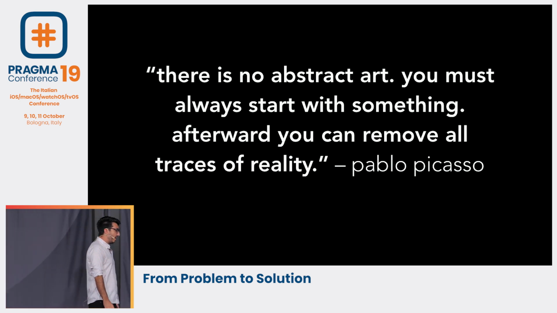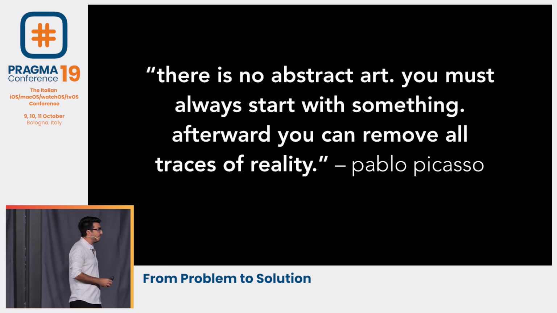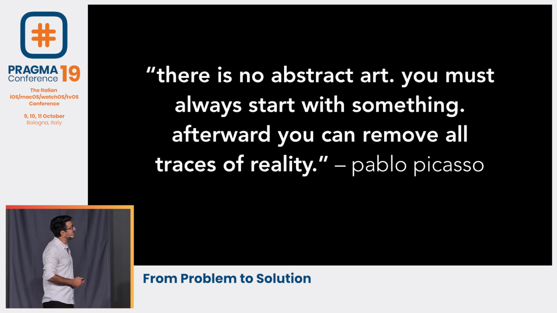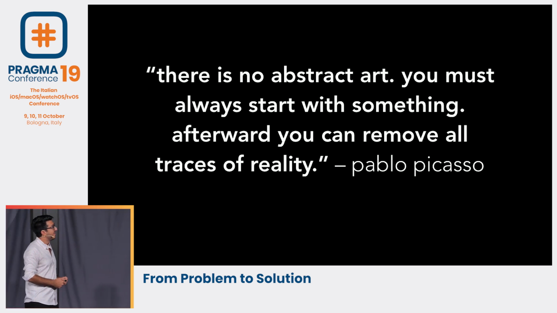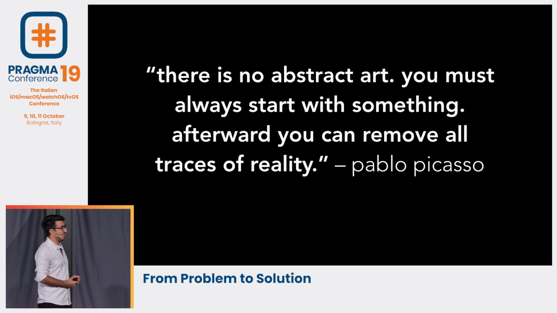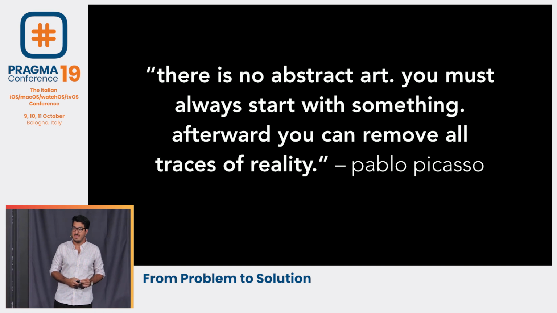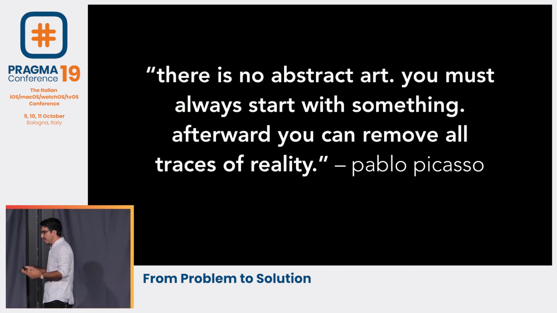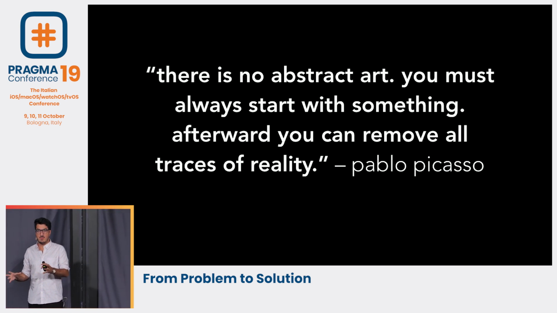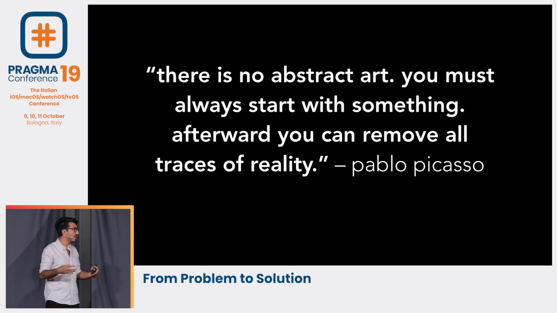So yeah, I want to close on a quote by Pablo Picasso. He says that there is no abstract art, right? And we all know code is art. You must always start with something. Afterward, you can remove all traces of reality. And that's really what we've done here. We waited until the code got messy, right? Until things got out of hand, right?